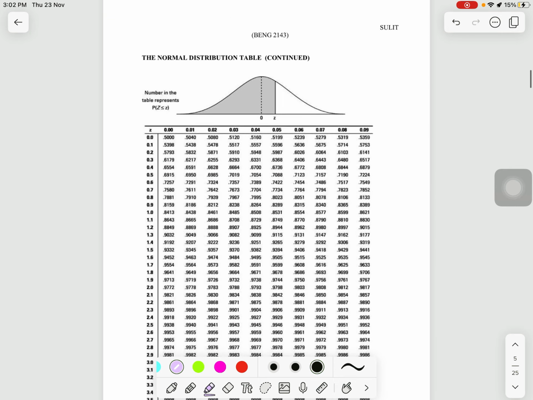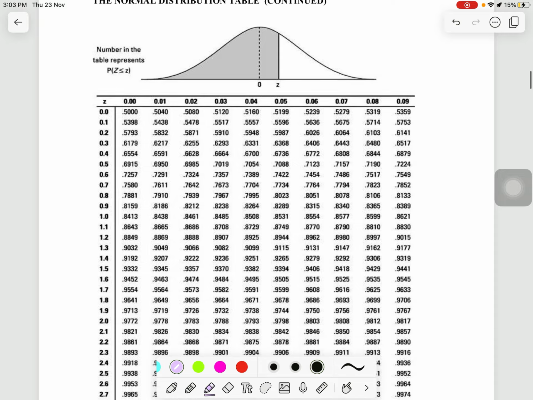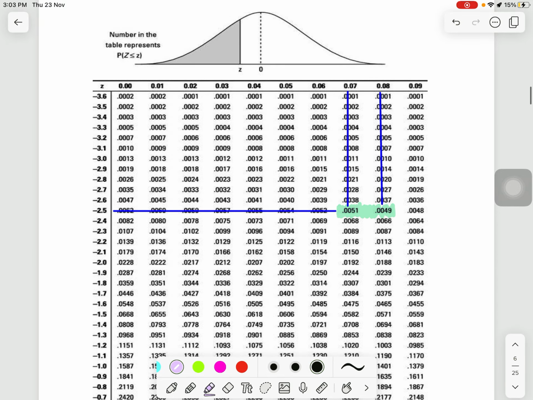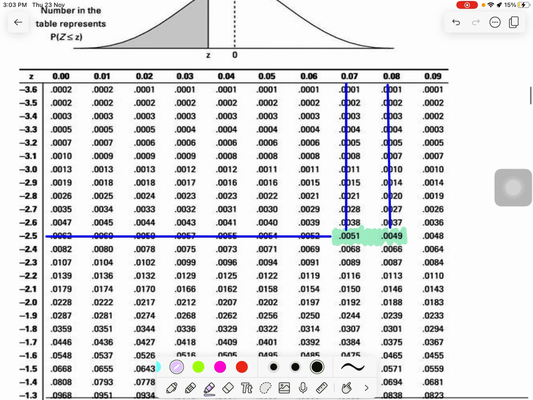So I give you the normal distribution table. For the positive value you have to take 1 minus the area, right? But for negative, we just straight away take a look at the table and try to get the value nearest to the area that we have calculated. So 0.005 is between 0.0051 and 0.0049.